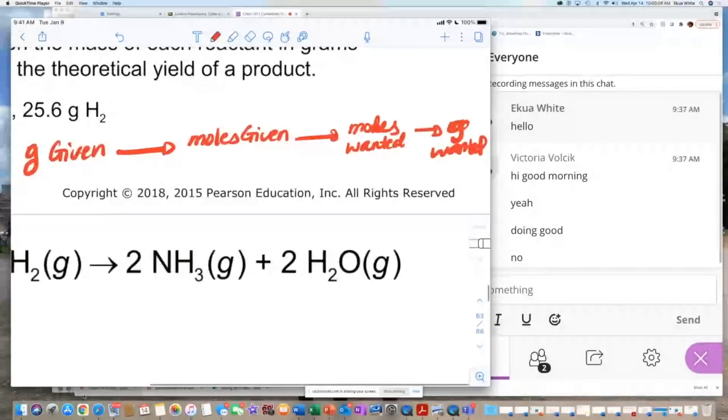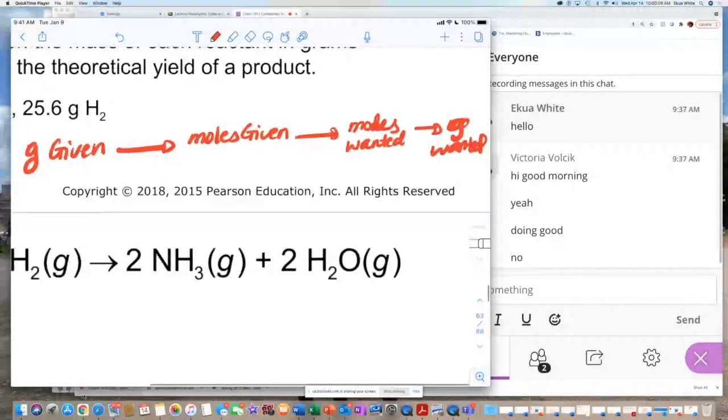So as I focus on this, we start from grams of given, we go to moles of given, and then end up on grams of wanted. Memorizing this, I can memorize patterns, but it was harder for me to memorize. But when they're connected in a pattern, for some reason my brain is like, we can do that.